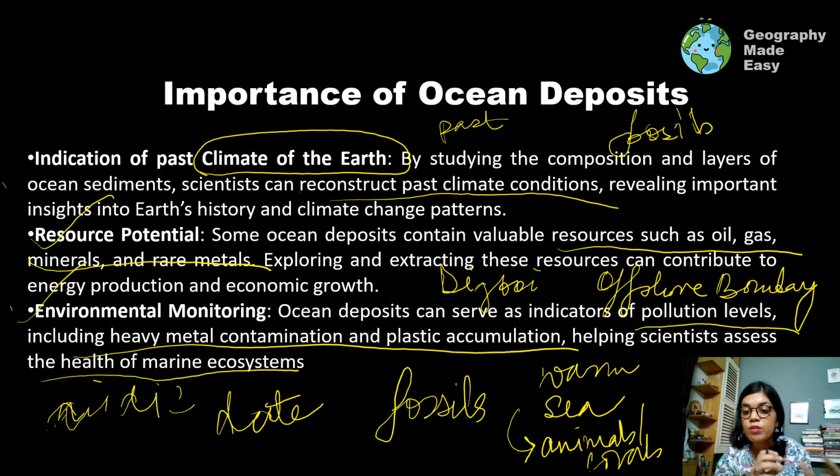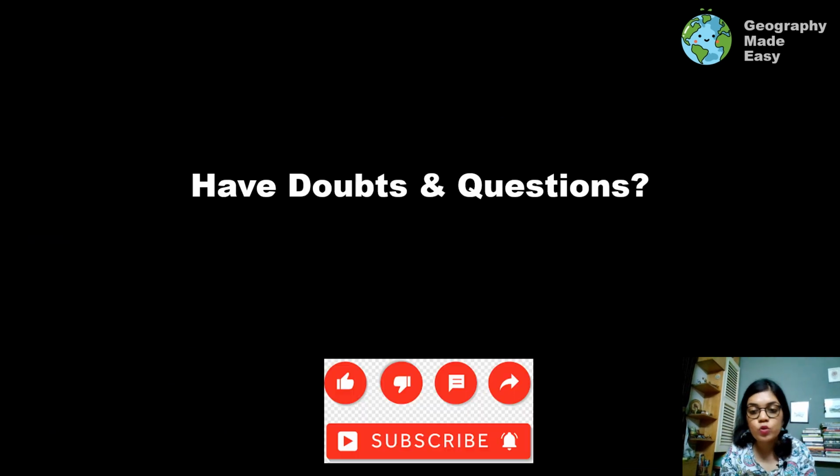The sediments will be different. The sediments, if you study them, are going to reveal a lot. So oceanographers, when they are studying these deposits, come to know a lot about all these factors which can help address certain environmental issues.